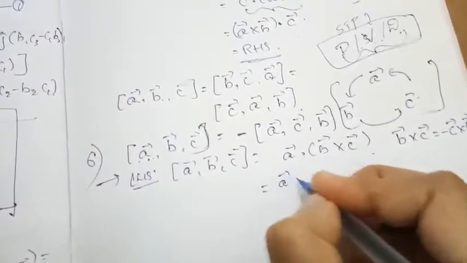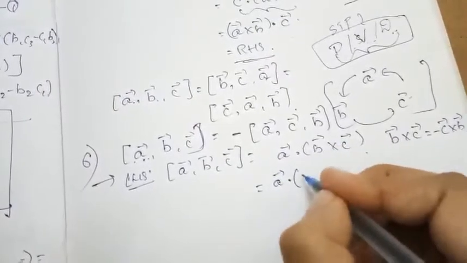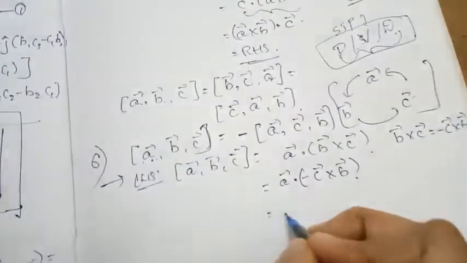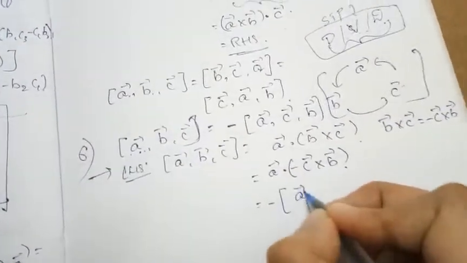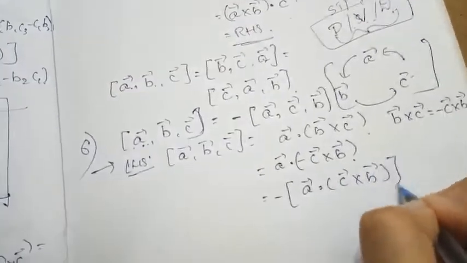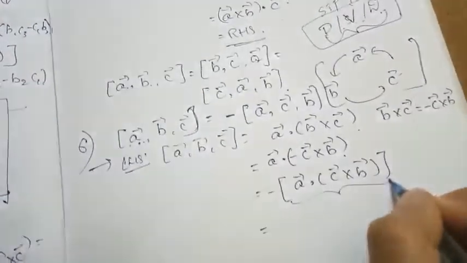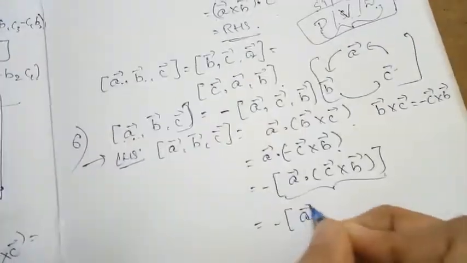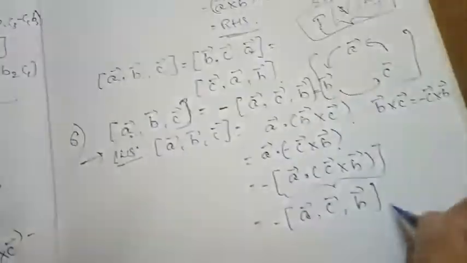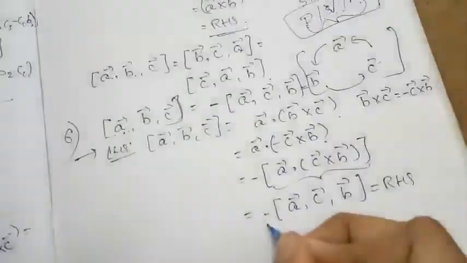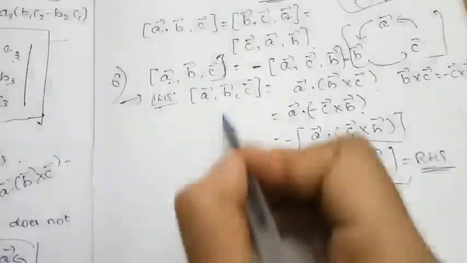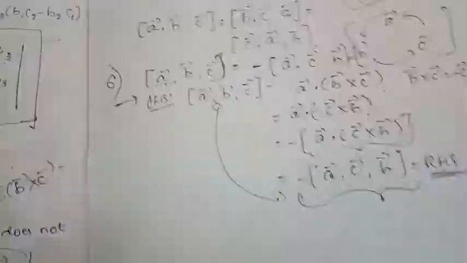So I am using that property, that is vector B cross C is negative times vector C cross B. Taking that minus sign outside, what remains is vector A dot vector C cross B. What is this denoted as? It is nothing but vector A, vector C, vector B, which is nothing but our RHS. So it is negative times the result, which is our RHS. So this is how it is going to be.